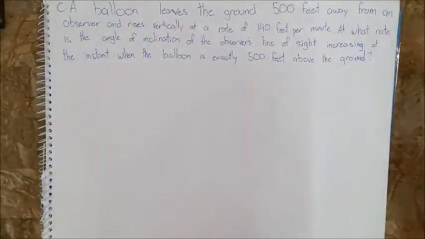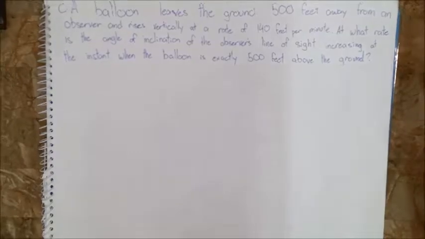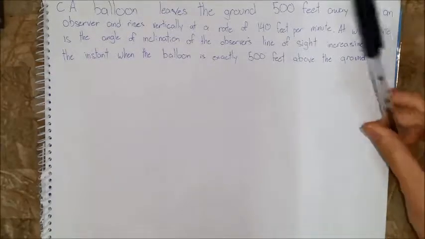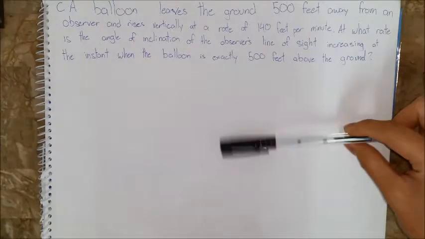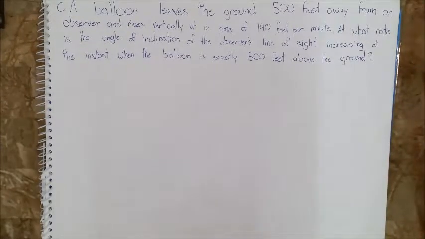So today we are given the question: a balloon leaves the ground 500 feet away from an observer and rises vertically at a rate of 140 feet per minute. At what rate is the angle of inclination of the observer's line of sight increasing at the instant when the balloon is exactly 500 feet above the ground?